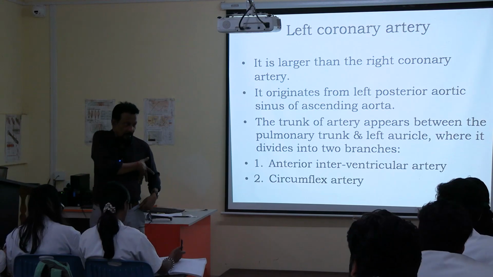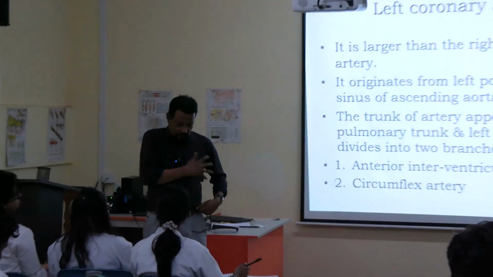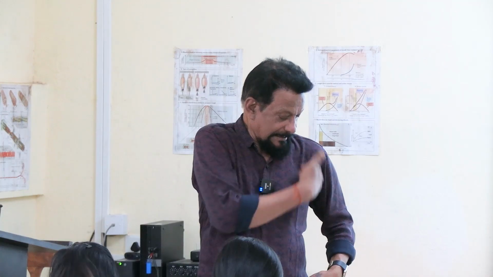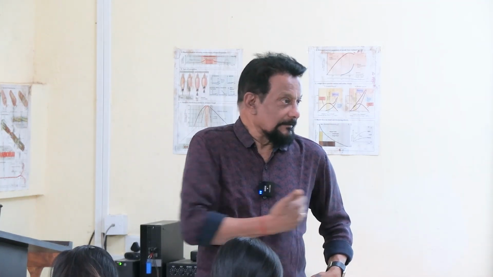So this is your heart. Most of the anterior surface belongs to the right ventricle. Part of the left ventricle you can see from the anterior side. Most of the ventricle remains at the back. In between the right and left ventricle there is a groove, the interventricular groove.